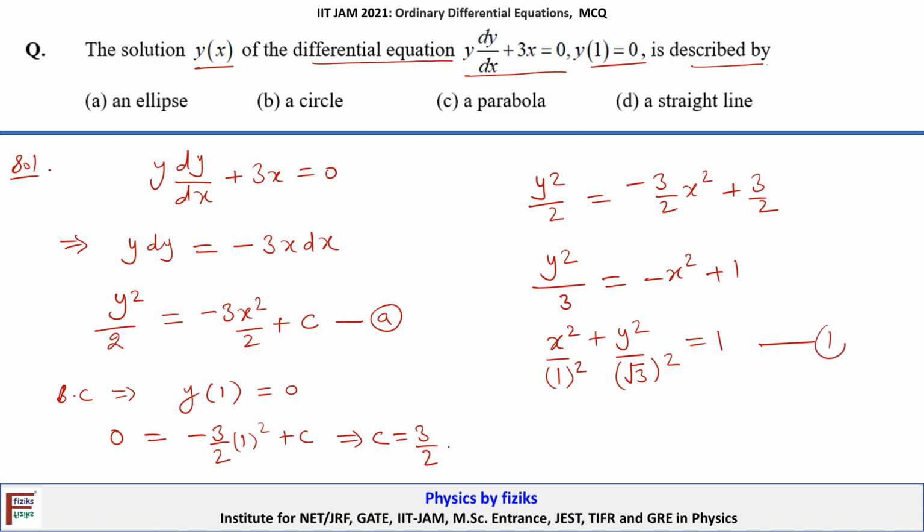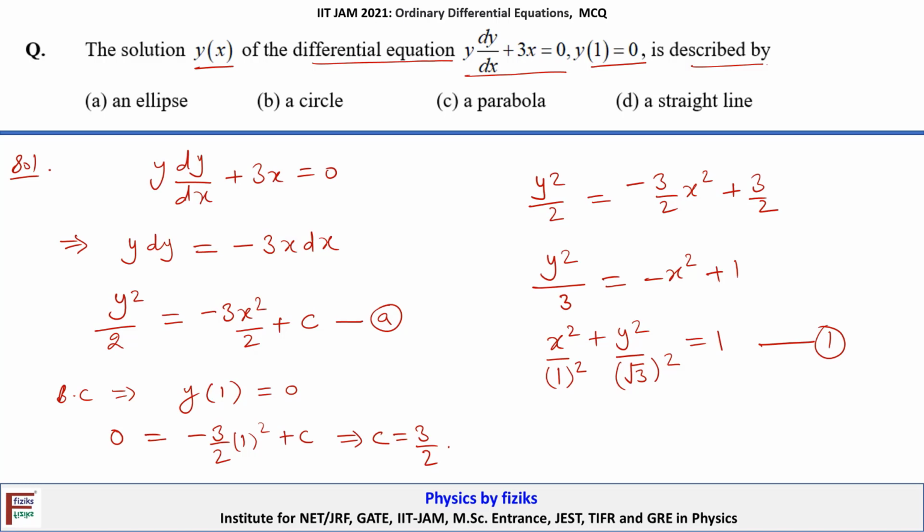This is the equation for the ellipse whose major axis is along the y-axis with the value root 3, which is calculated as 1.732, and the minor axis along the x-axis with the dimension of 1 unit.